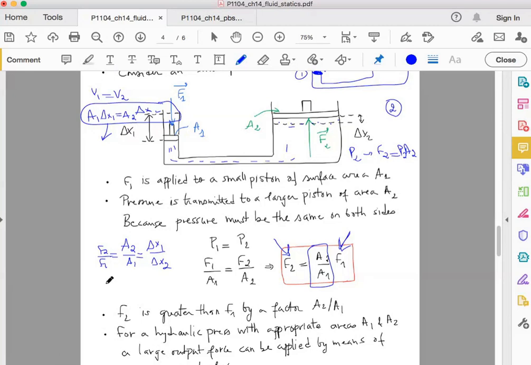So we can find a relation between the forces and the displacements given by F1 multiplied by delta x1 is equal to F2 multiplied by delta x2. And this is it. Give me just one second, please.